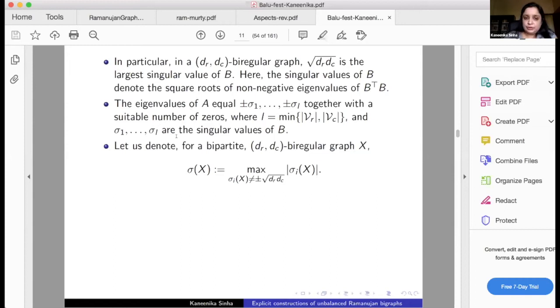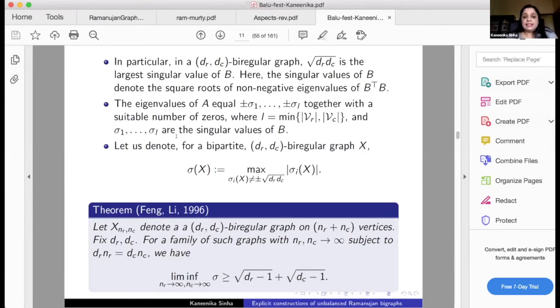Analogously to the notion for eigenvalues of graphs, we can talk about bipartite, biregular graphs, and we can talk about σ(X), which we denote as the maximum of the absolute values of the singular values of the biadjacency matrix which are not equal to the so-called trivial singular value.